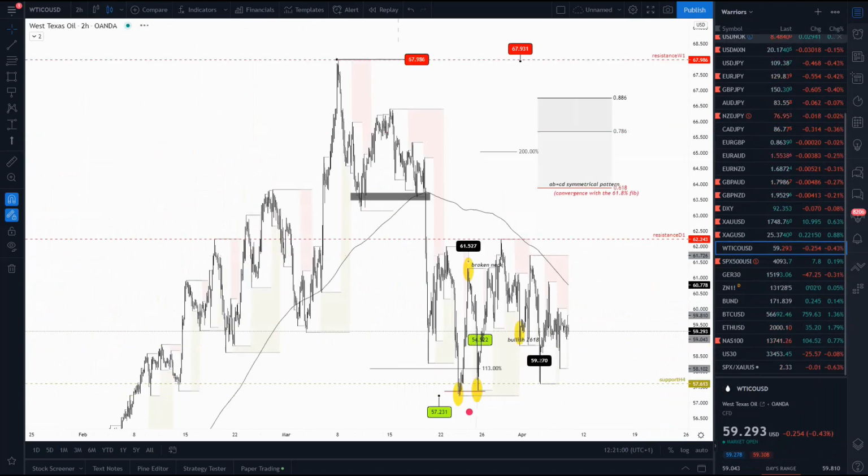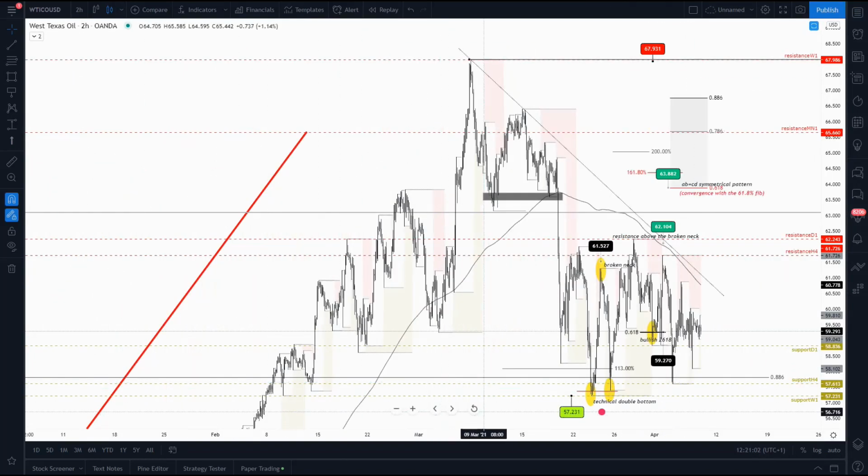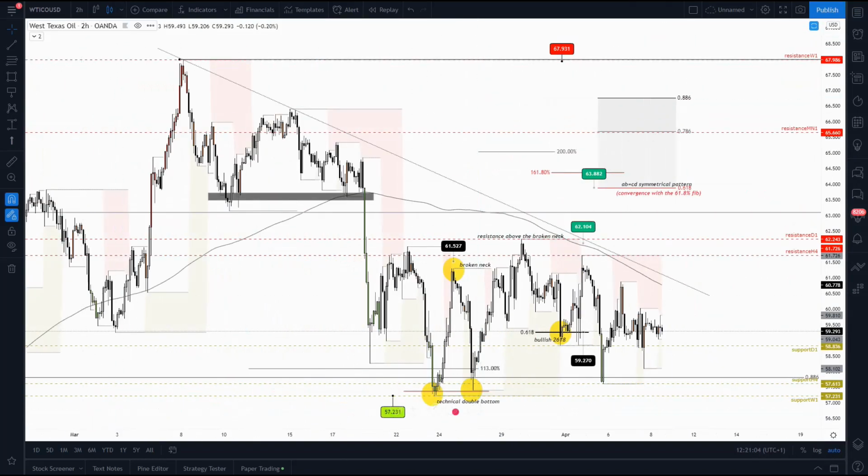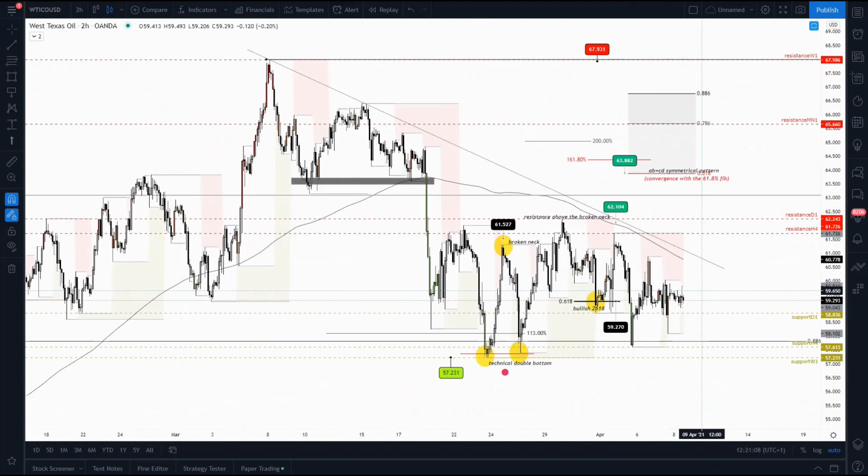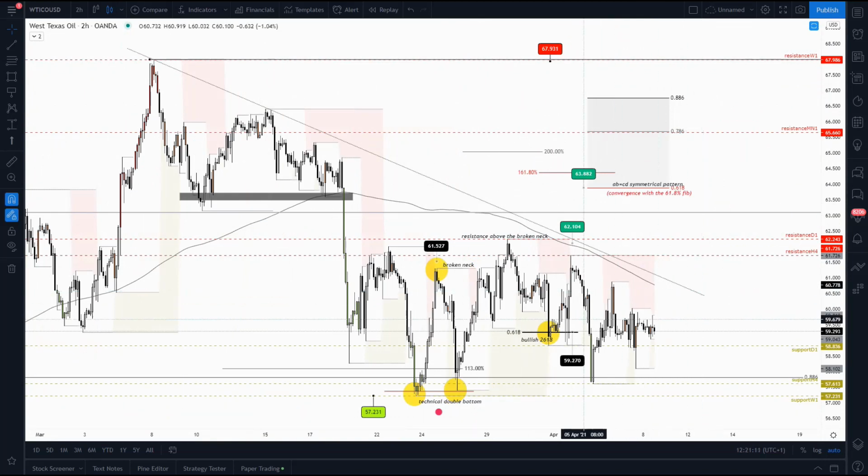And crude oil, in this case represented by West Texas Oil, Oanda broker. As I mentioned yesterday, the market is still respecting this technical double bottom printed below. Let's wait and see what will happen. For now I have nothing to say.